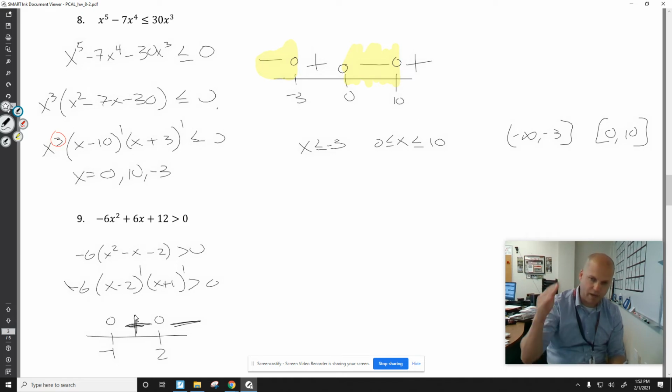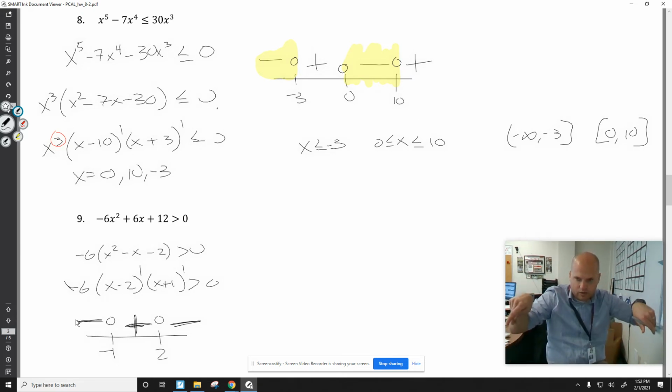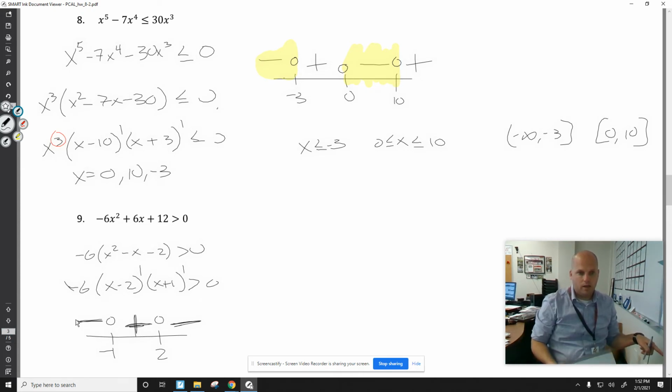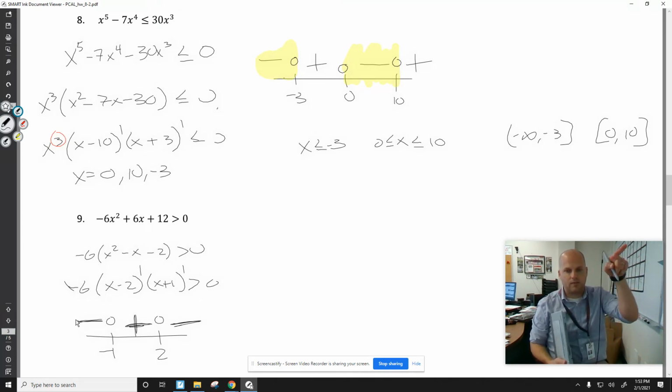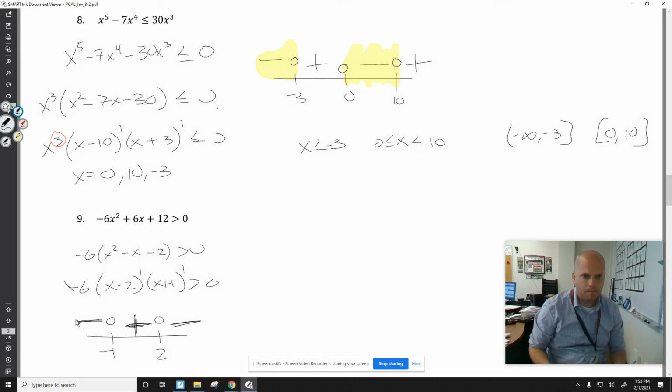Pass through the 0 to the positive land. Pass through the 0 to the negative land. It's a negative x squared, so it ends like that. So we'll be coming down from here. Negative 6x squared starts here. So we got negatives through negative 1 to positives through 2 to negatives. Two zeros. So when are we positive? Between negative 1 and 2, not included.